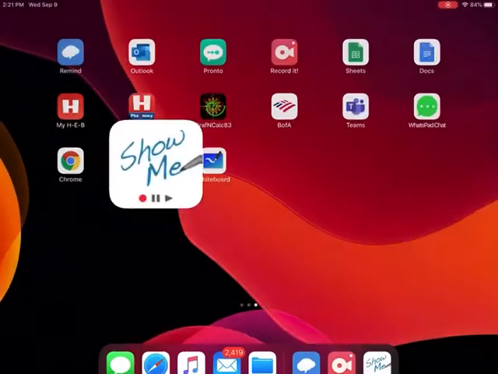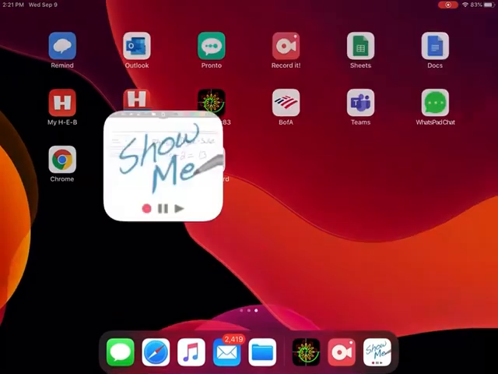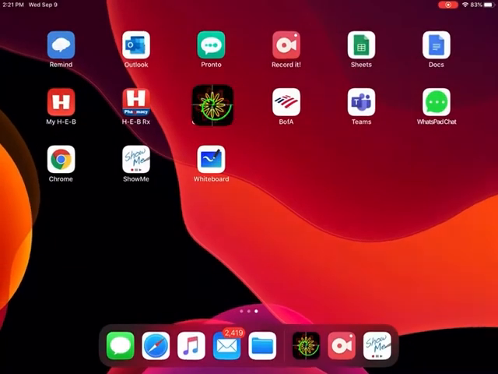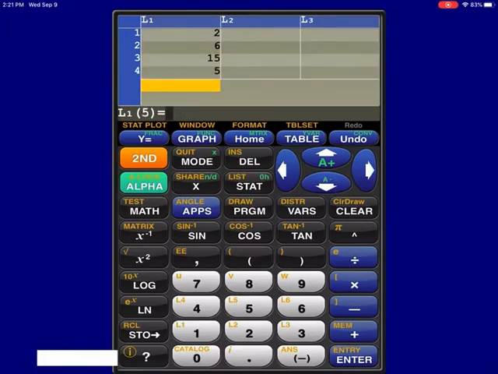The way I'm going to do this is pull up my calculator app. Let me clear that out. Enter. I need to go back and look back and forth at the data. 2, 6, 15, 5.